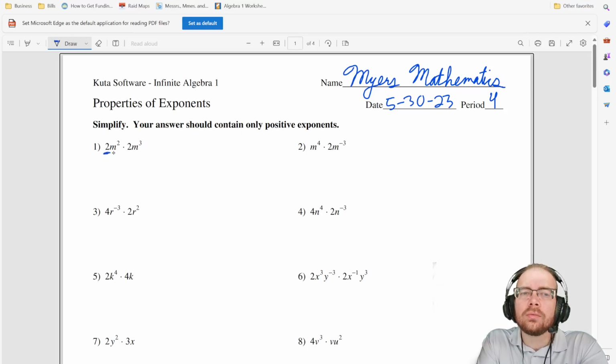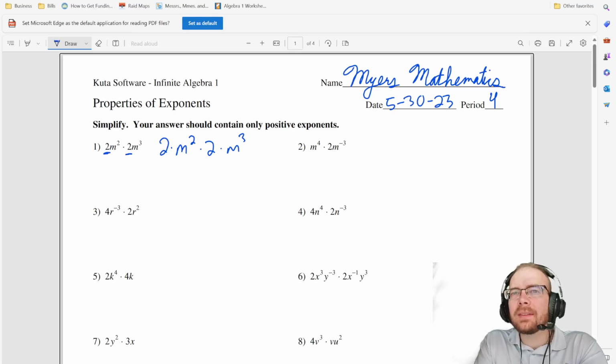There's a 2 and a 2. So with the big numbers, you just do exactly what you would normally do with them. You would times them, actually. And that's because when I say 2m squared and 2m to the third power, it's 2 times m squared times 2 times m to the third.